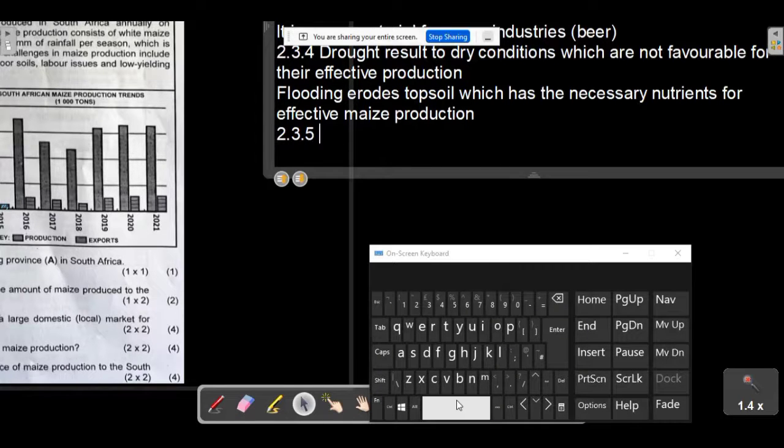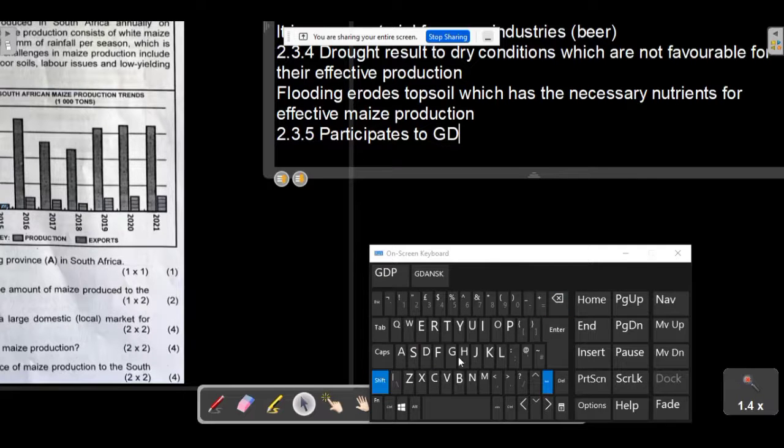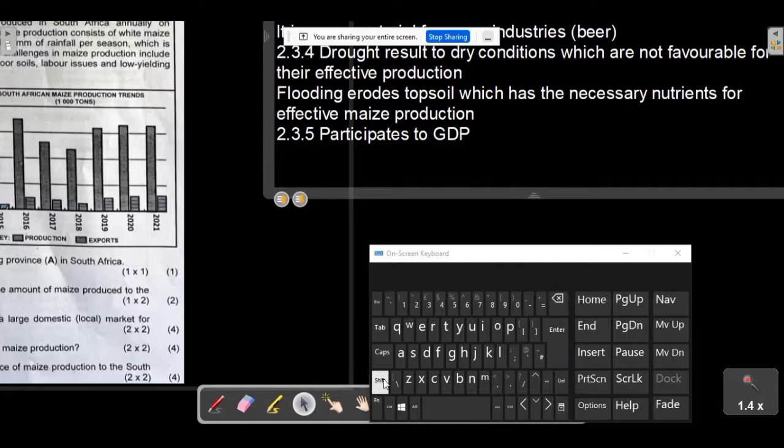It participates in the GDP by paying tax, and also employs people, and is an earner of foreign exchange.